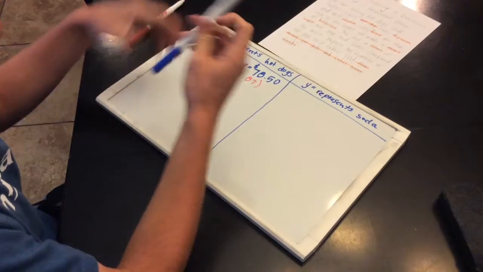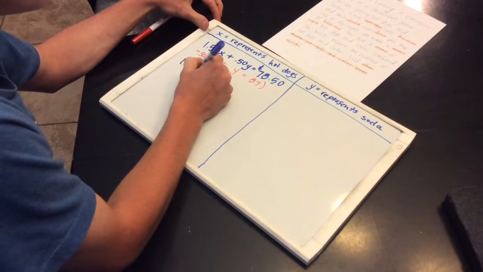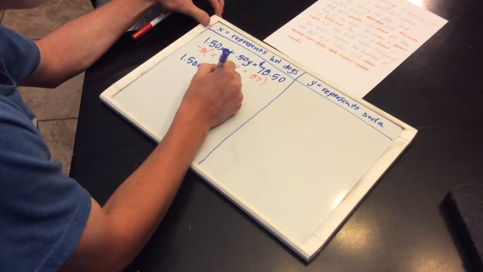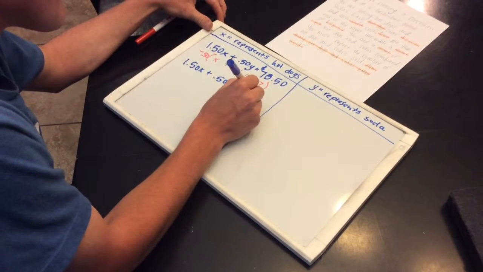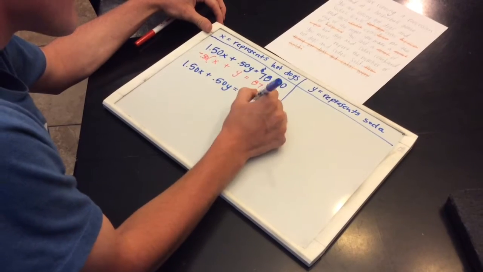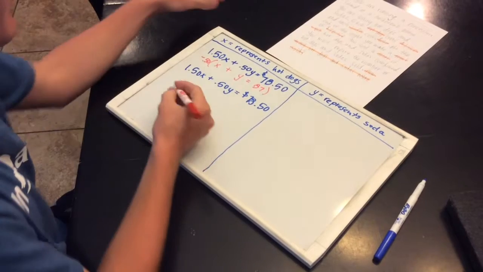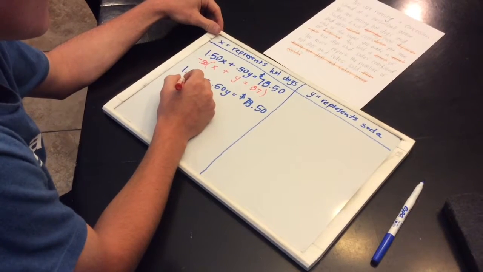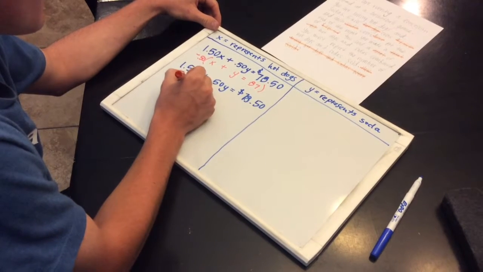Gotta switch these here. So this top equation stays the same. And then we multiply everything on the bottom by negative 0.5.